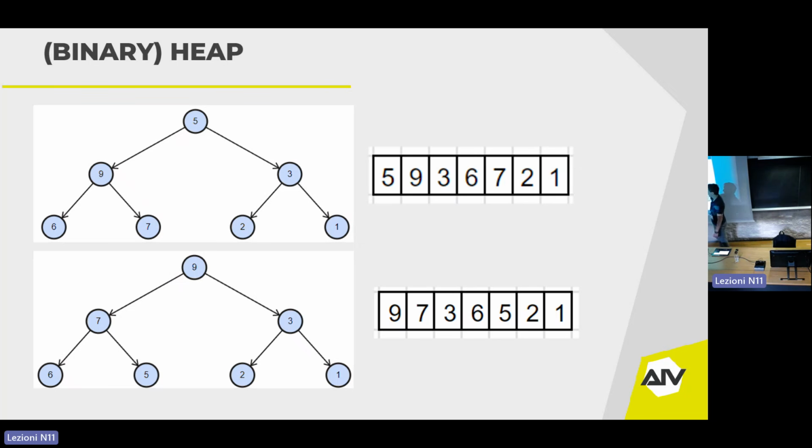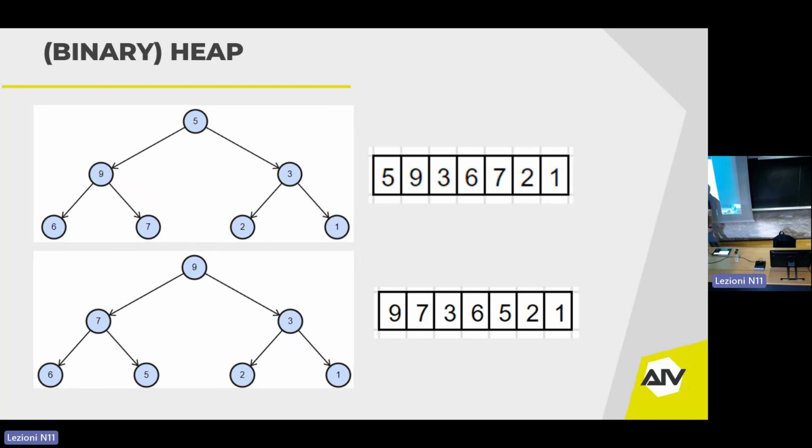The one below is not only a binary tree, it's a binary heap. What does it mean to be a binary heap? A binary heap respects another condition: it is not only balanced, but every child node is smaller, or respects a given condition, with respect to its parent node.